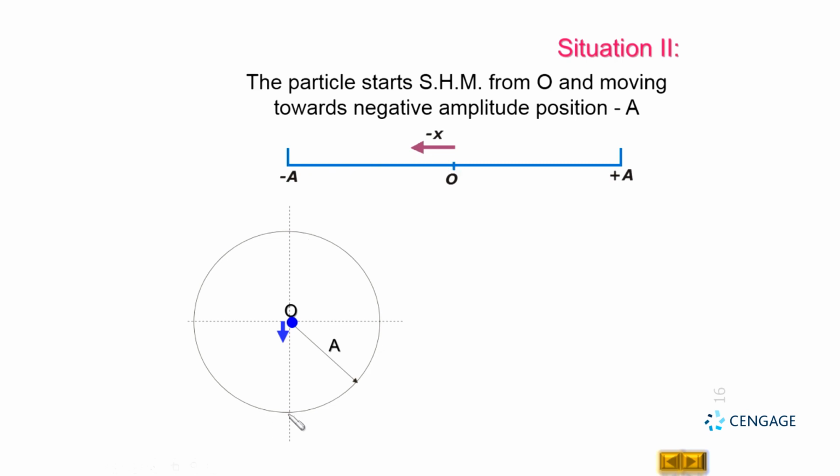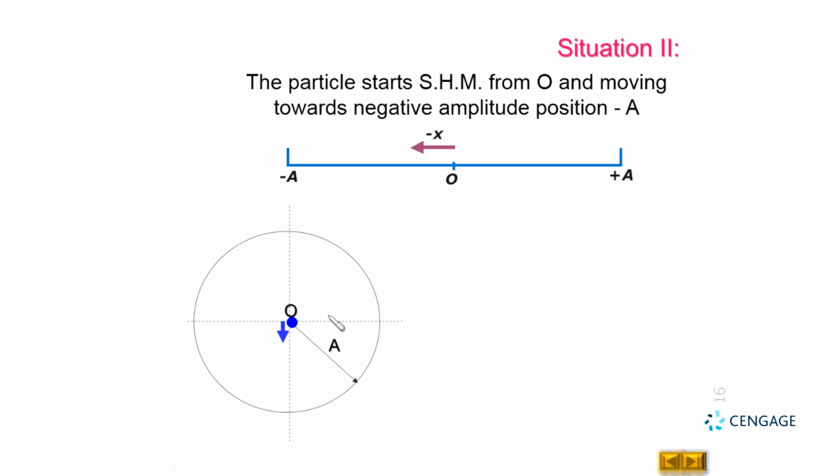This is the negative amplitude minus A, and this is plus A. So this arrow is pointing in the downward direction. Now our task is to find the corresponding position on the circle. It may be here or here, but we need to take the anti-clockwise, that is the counterclockwise, direction.